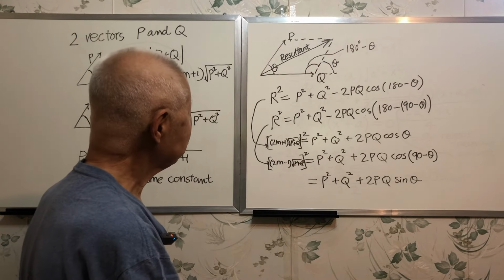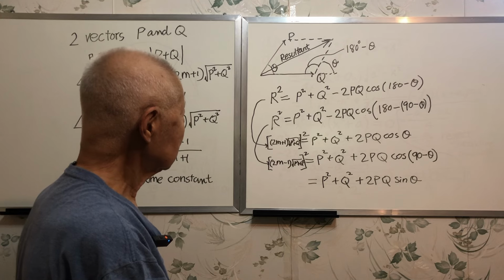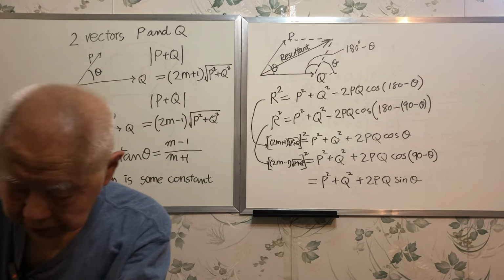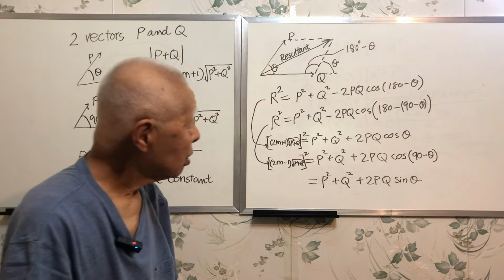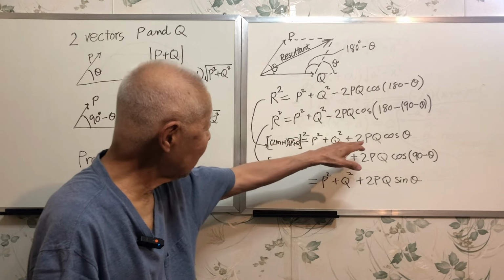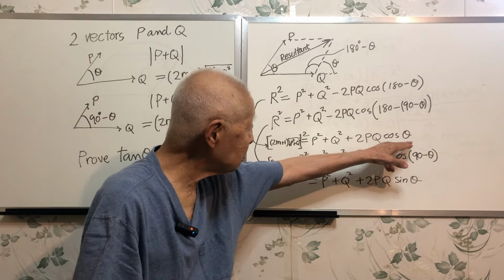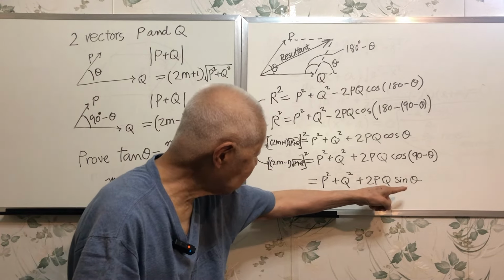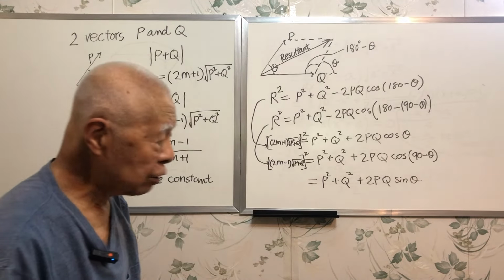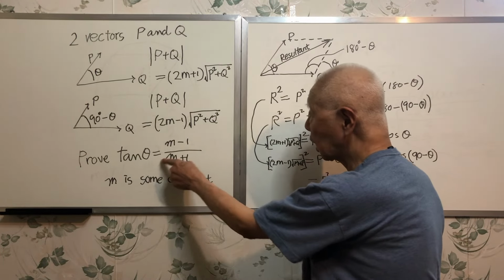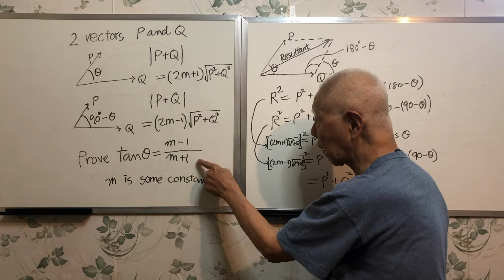Okay. Look, I have this relation with cosine theta. I have this relation with sine theta. I want to prove tangent theta equals this divided by this.